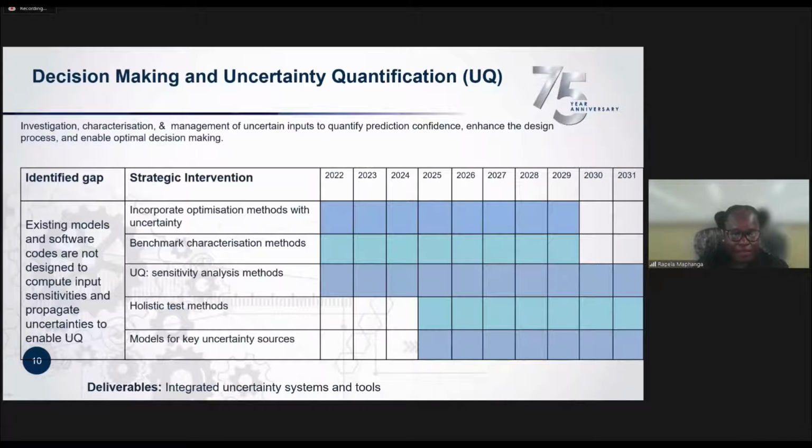And the last one is on decision making and uncertainty quantification. So I'll not go through this, but it's one of the key. Some questions were asked about uncertainty quantification, as we have seen from the questions that were asked. So the program was also proposed.